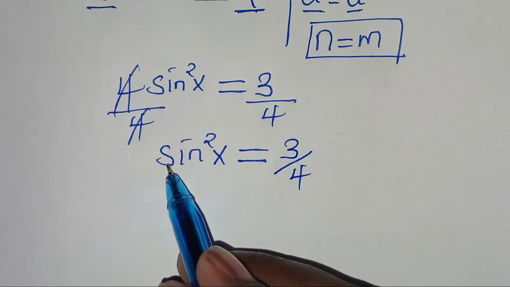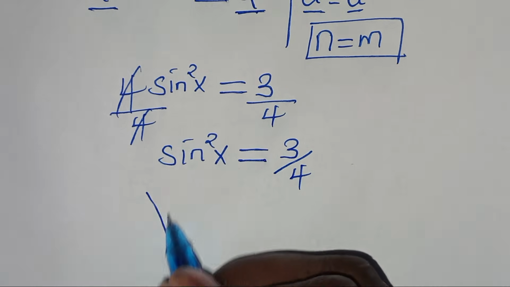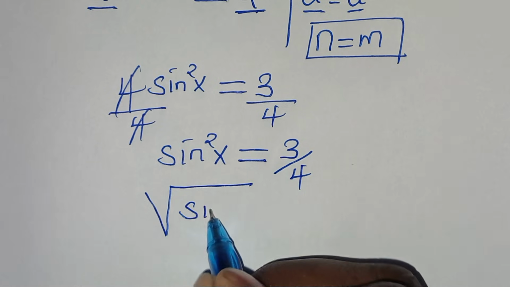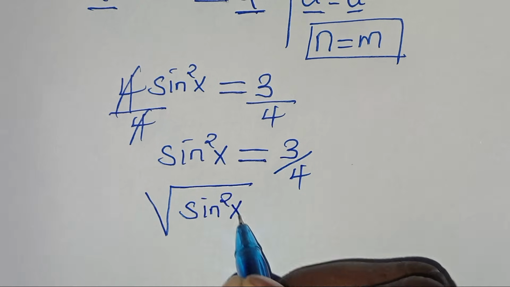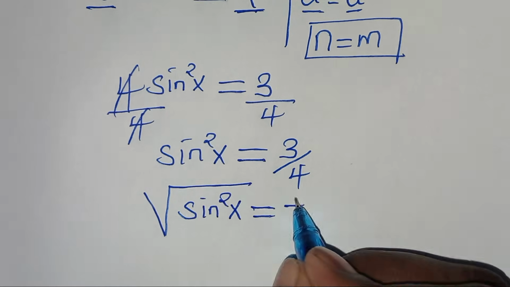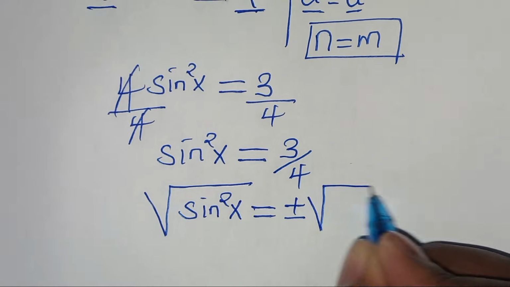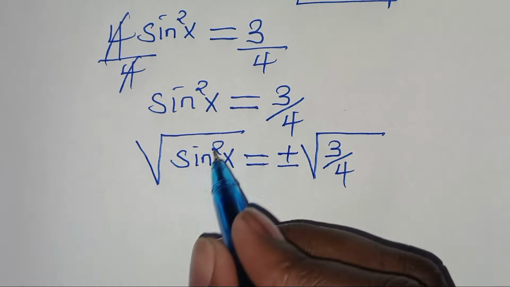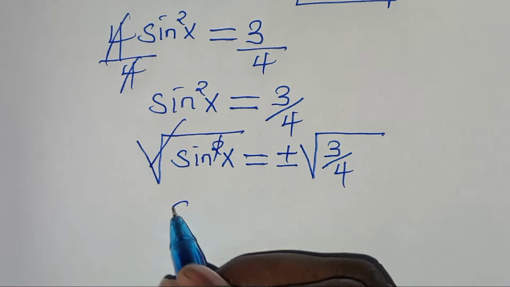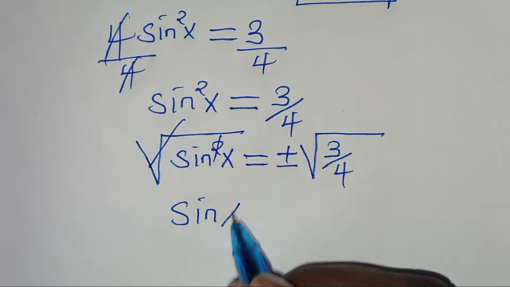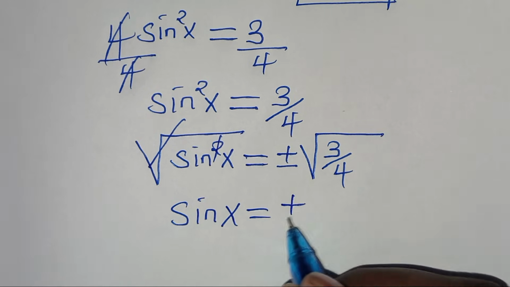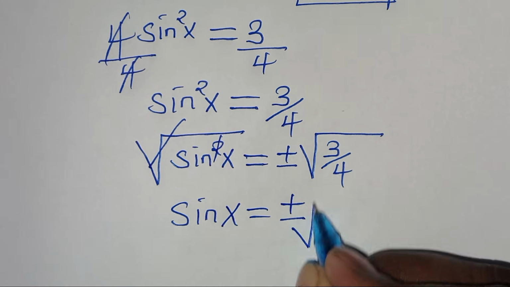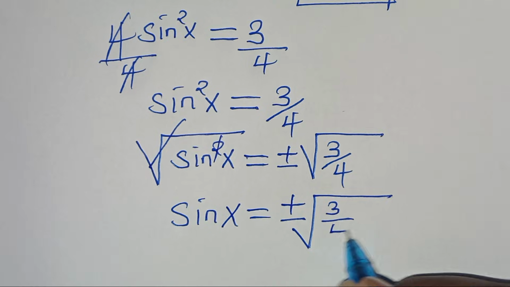To solve for sine x here, we introduce a square root on both sides. We have the square root of sine squared x equal to plus or minus the square root of 3 over 4. Let's eliminate the square root sign here, so that we have sine x is equal to plus or minus the square root of 3 over 4.